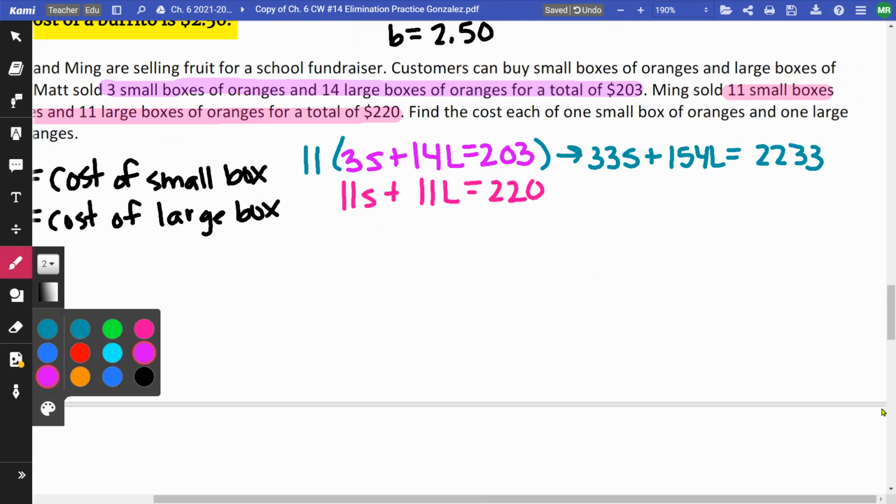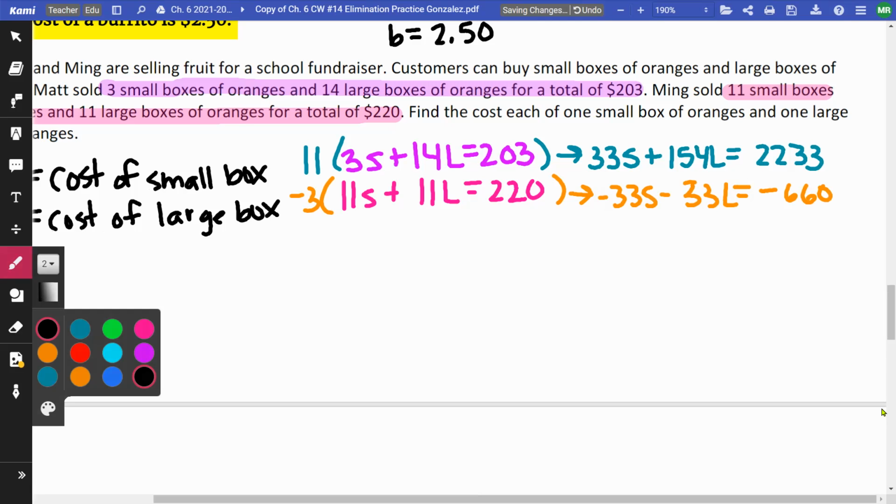Now for my bottom one, I am going to multiply that one by a -3. So I get a negative 33S minus 33L. And then 220 times 3, I'm going to get a negative 660.